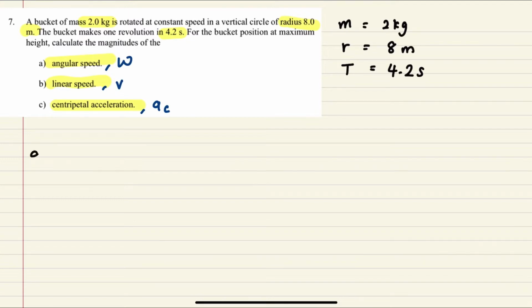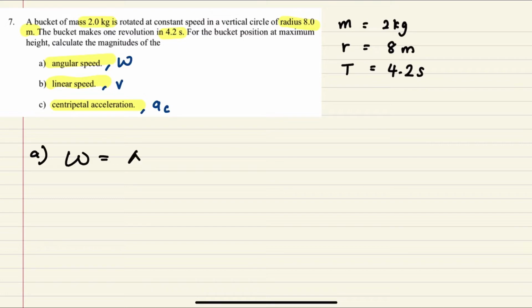A, angular speed omega. You are given the period, and you have a few formulas for omega. If they give you initial angular displacement and final angular displacement, maybe you can use delta theta over delta t, but they didn't give you that information. They just give you the period. That one is enough.